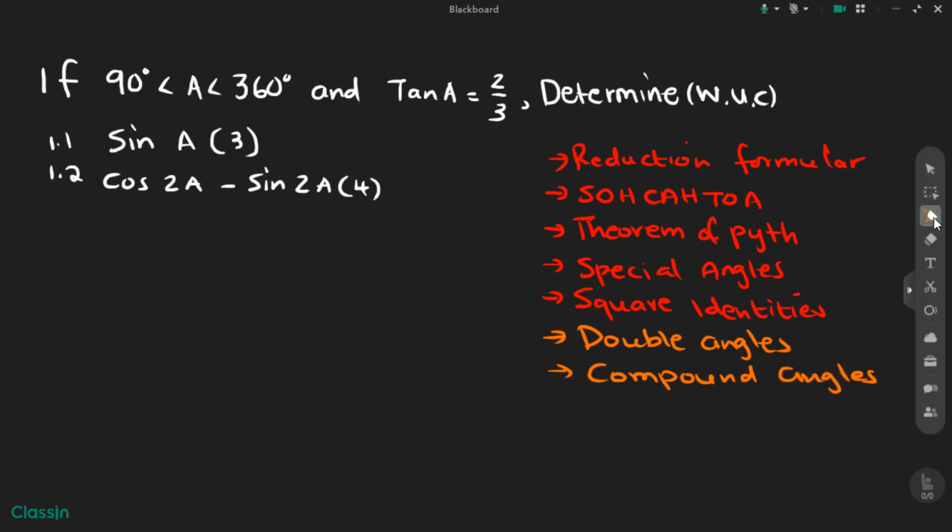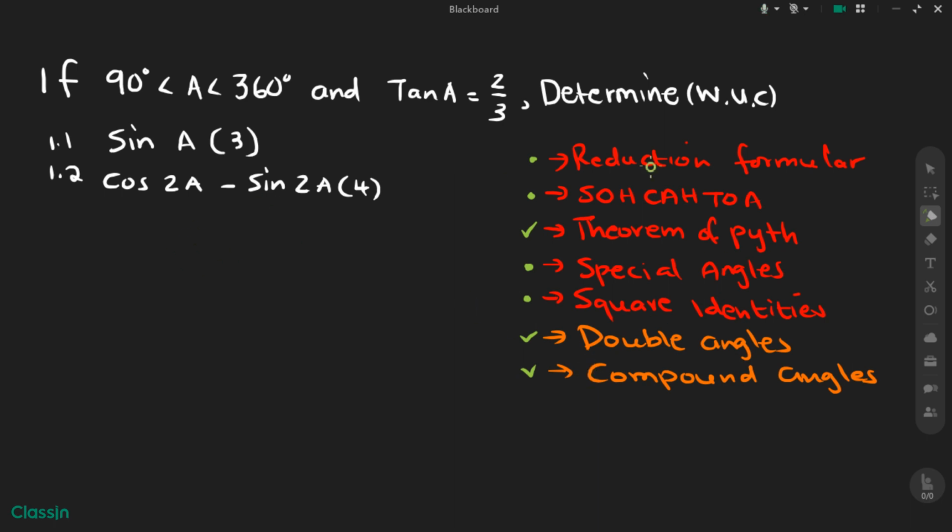On your formula sheet, you are aware that the double angles and compound angles are provided. They don't give you the reduction formula, SOHCAHTOA, the theorem of Pythagoras, special angles or square identities. So the ones that are ticked are the ones that you are provided with.